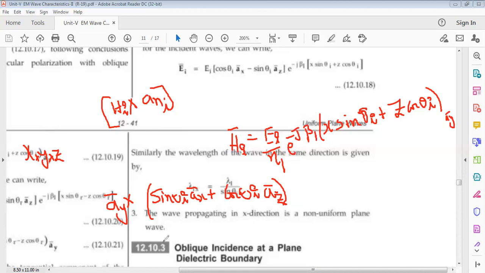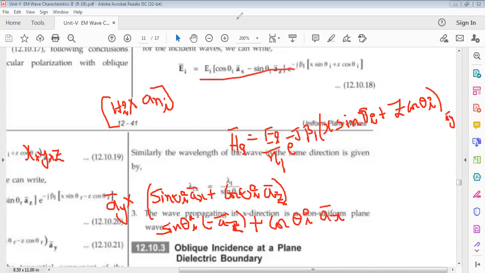So Y and X is the reverse order. So sine theta I into minus AZ bar plus cos theta I into AY and AZ is in order, so it is AX bar.